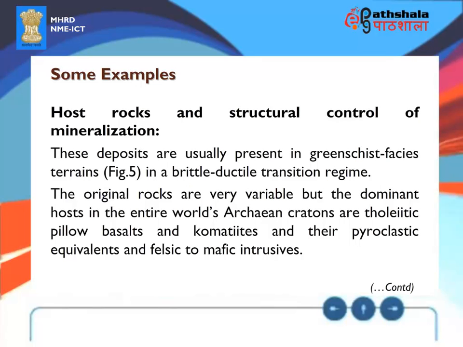Host rocks and structural control of mineralization. These deposits are usually present in greenschist facies terrains, Figure 5, in a brittle-ductile transition regime. The original rocks are very variable, but the dominant hosts in the entire world's Archean cratons are tholeiitic basalts and komatiites and their pyroclastic equivalents, and felsic to mafic intrusives.